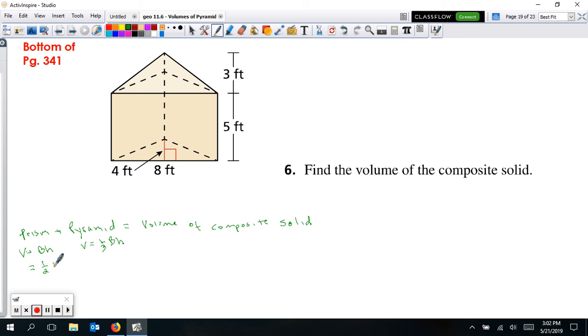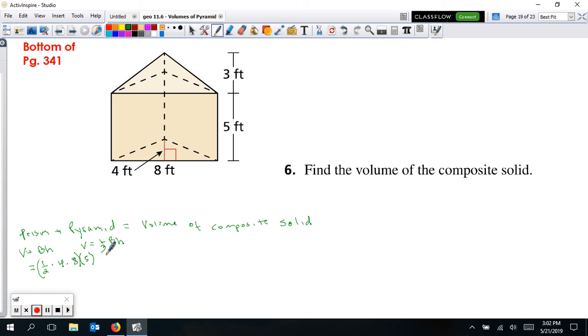1/2 times 4 times 8. And so that's going to end up being the base area, and then we have to multiply that by the height, which is 5 for this whole thing. So this here is our base area. We'll then multiply that times the height, which is 5.